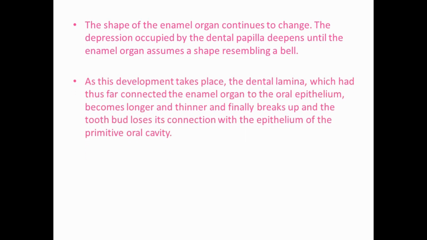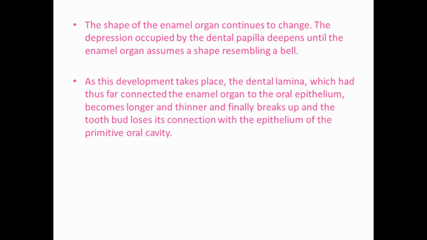As this development takes place, the dental lamina, which had thus far connected the enamel organ to the oral epithelium, becomes longer and thinner and finally breaks up, and the tooth bud loses its connection with the epithelium of the primitive oral cavity.